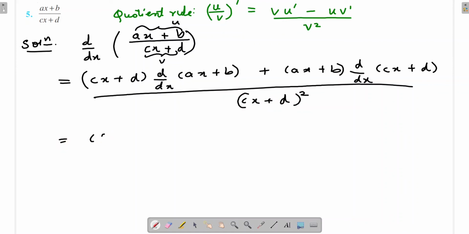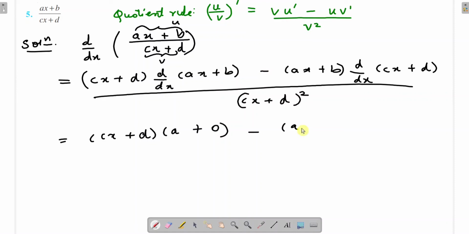So this will be equal to cx plus d multiplied by the derivative of ax, which is a, right? a is a constant, it will come out, the derivative of x is 1, so a multiplied by 1 is a, then plus the derivative of constant b, which is 0. Oh, here I have written the sign as addition, but it is minus.